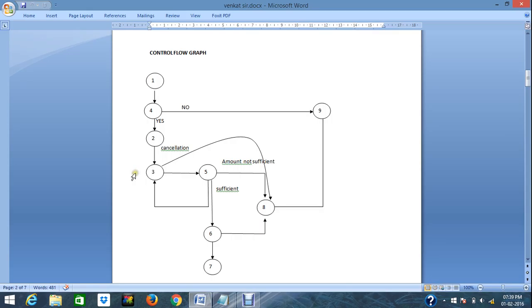As the user enters the money, it goes directly to the amount verification summation unit at service end. At service end, this unit will check if the user deposited the required amount.